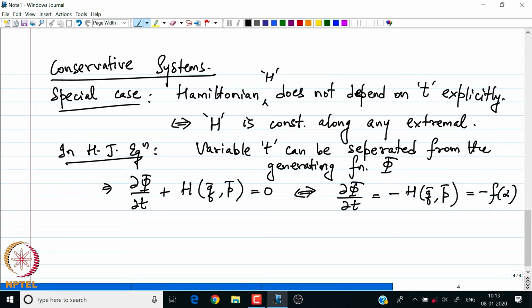Let me call this constant f of alpha, right. If that is the case, I know that phi of t comma q can be directly integrated to show that this is negative f of alpha times t plus some constant psi, which is a function of q bar comma alpha, right. So, we can see the solution to our Hamilton-Jacobi equation in this class of problem is such that the variable t can be separated out.